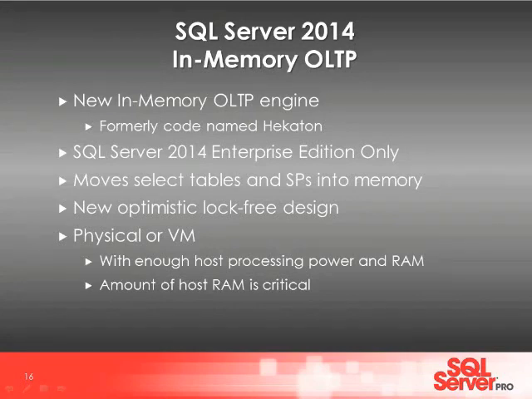So the in-memory OLTP engine, to be clear, works with a physical SQL Server system, or it will work just as well with a virtual SQL Server system, one that's running in a VM, but you have to make sure that you've allocated enough memory to that VM in order to move those select tables and stored procedures into memory to get that kind of OLTP performance boost that you'd expect by taking advantage of these new in-memory optimized designs. Again, to run this, it's key that you have enough RAM in your host to provide that RAM to those VMs that are all running.